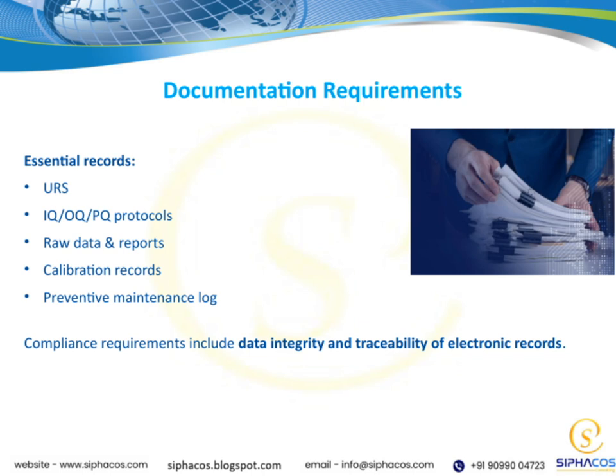Raw data and reports are fundamental because they provide the evidence of actual results and activities. Calibration records are necessary to confirm that instruments are measuring accurately over time. Additionally, keeping a preventive maintenance log helps track routine upkeep, preventing issues before they occur. Overall, these documentation elements are vital for demonstrating that our processes meet regulatory standards.